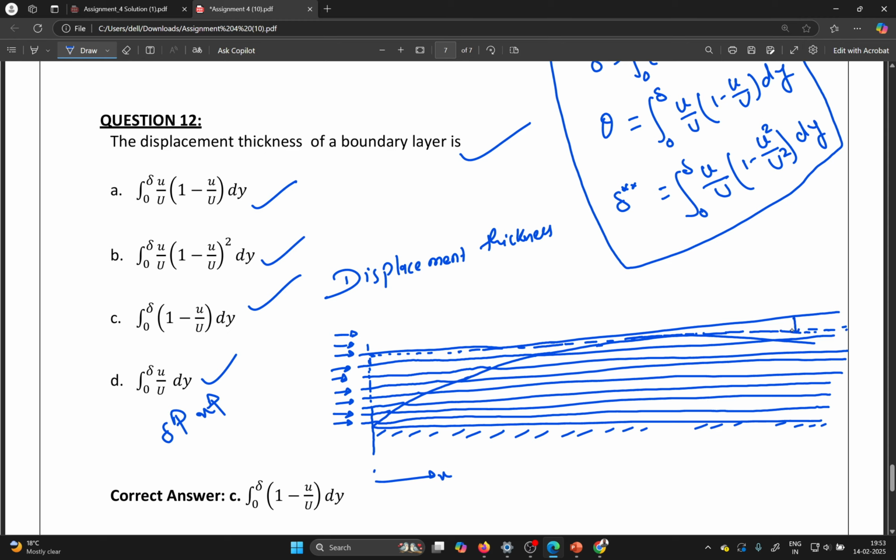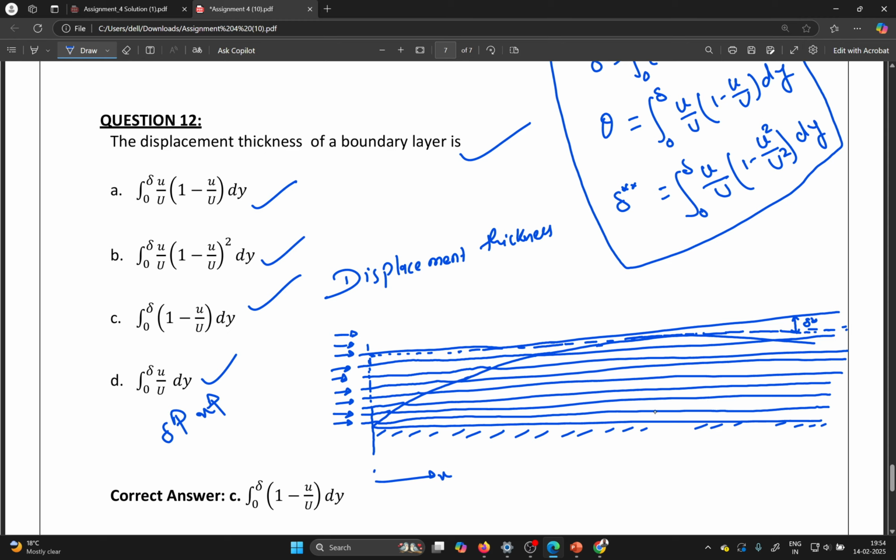Whatever the thickness of this is how much the streamline just above the boundary layer is displaced from its initial position. This value is known as the displacement thickness, always remember.